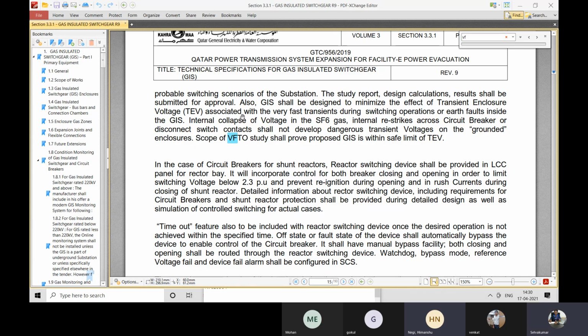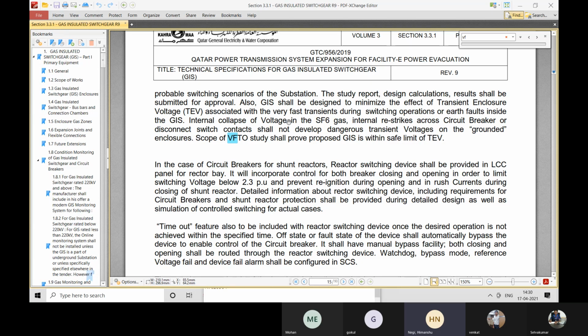For example, ABB might say you need to put a high frequency earth mat using a mild steel conductor on top of the earth mat, and then some other manufacturer may say you need to put the high frequency mat below your earth mat, and then you need to connect all the discontinuity points in the GIS to that particular earth mat.